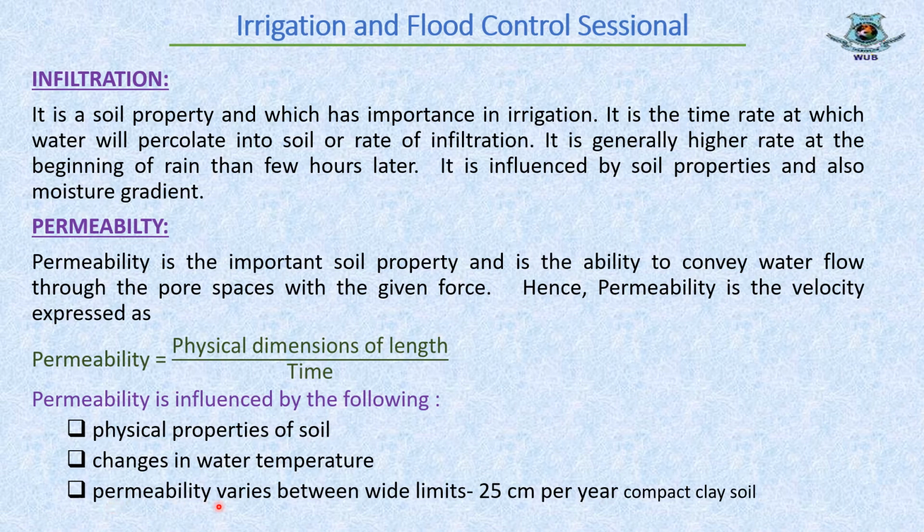Permeability varies between wide limits, such as 25 cm per year in the case of compact clay soil. That means this 25 cm is a variation of permeability, which may be greater or lower.